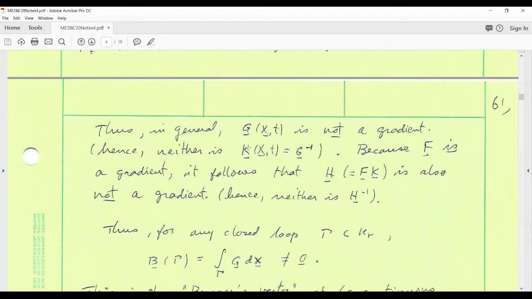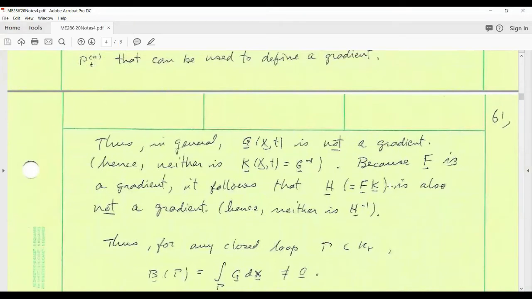And neither, of course, is its inverse, K. If K is not a gradient and F is a gradient, then H, which is the product, is also not a gradient, and neither is the inverse of H. So in order to push through this concept of a relaxed intermediate configuration, we're forced to accept the notion that this decomposition of the deformation gradient into an elastic part and a plastic part, which is the inverse of K, we're forced to allow H and K to be not gradients. They're just tensors.